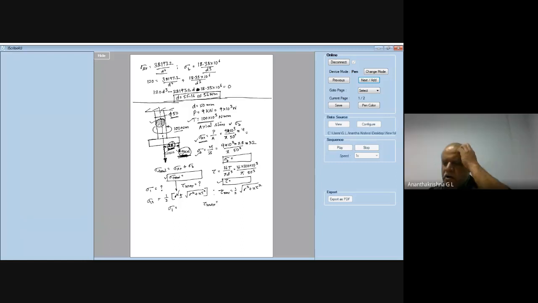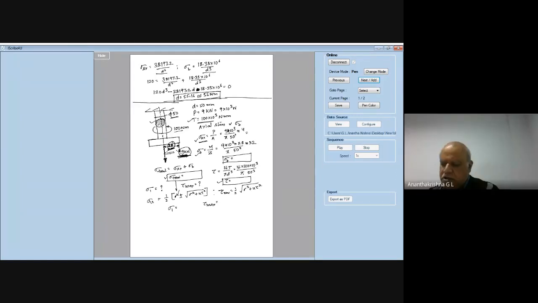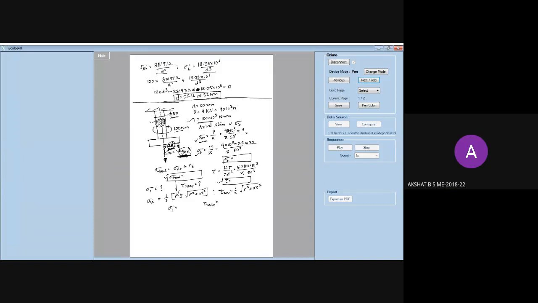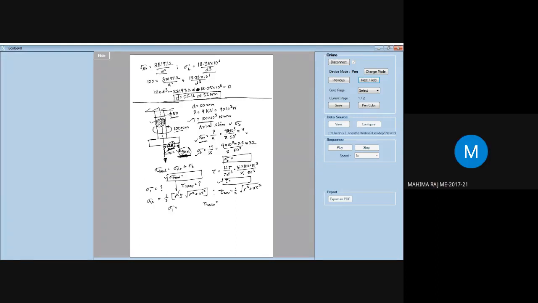Yes, sir. Mahesh Madiwal. Nishant. Ramesh. Shashank. Yes, sir. Akshat. Yes, sir. Sautrik Roy. Mahima. Present, sir. Okay.